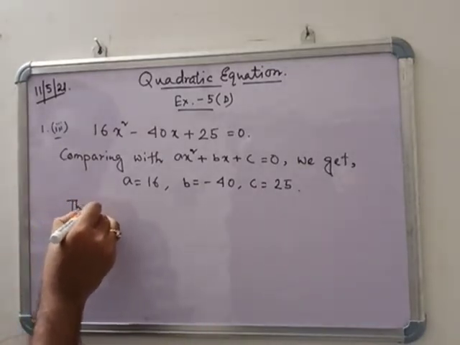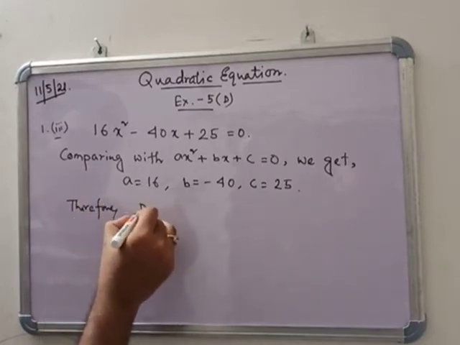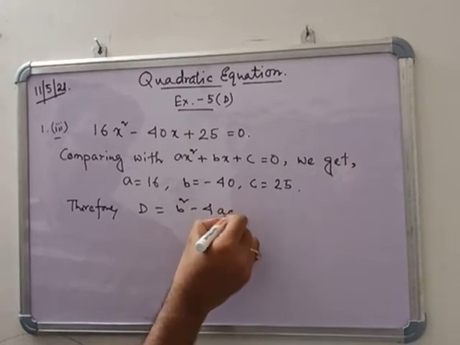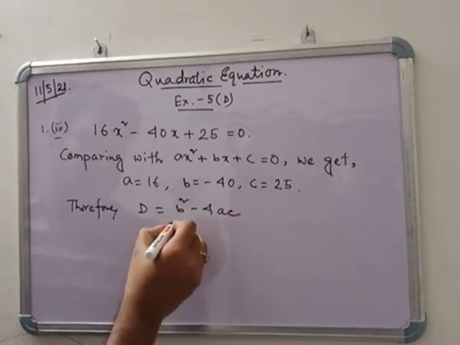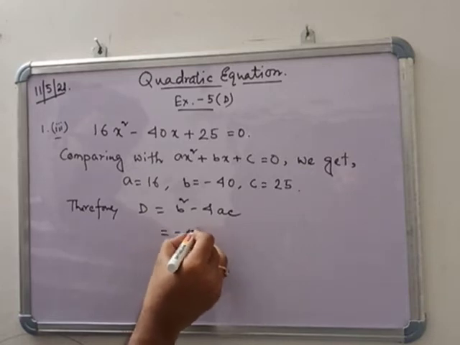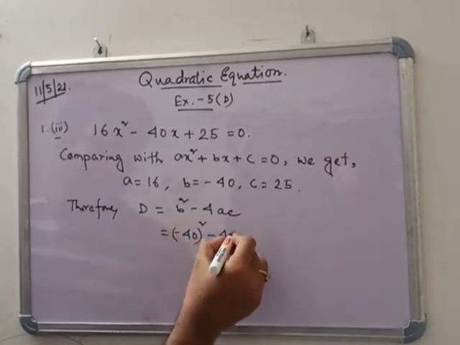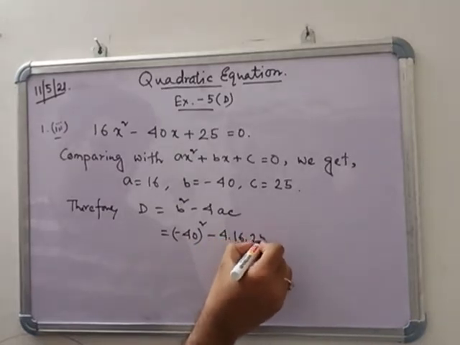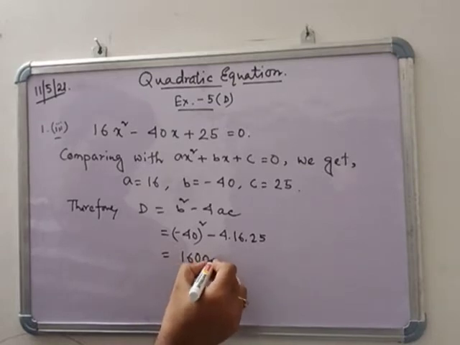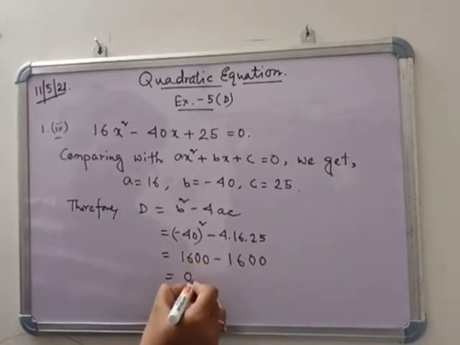Therefore, D equals b square minus 4ac, that is minus 40 squared minus 4 into 16 into 25. That means 1600 minus 1600, that is 0.